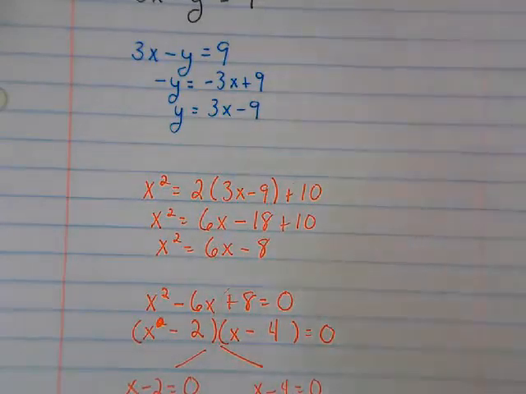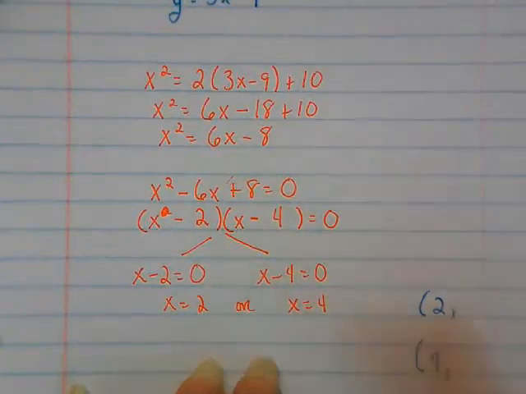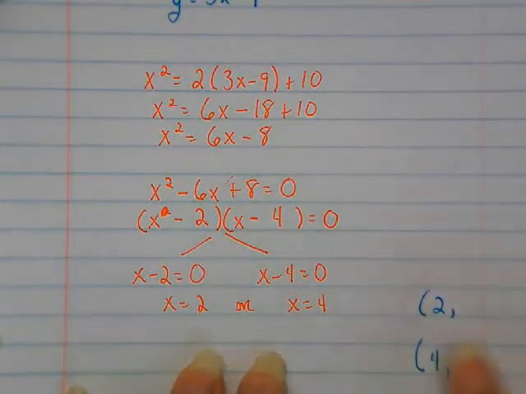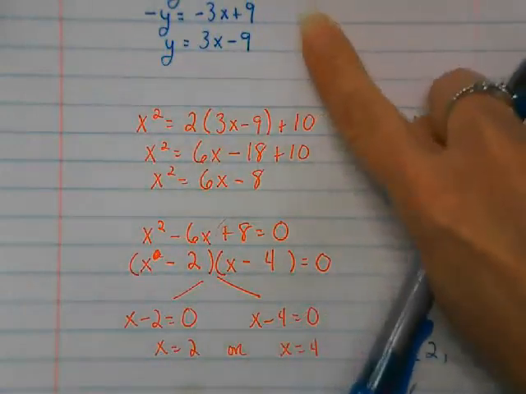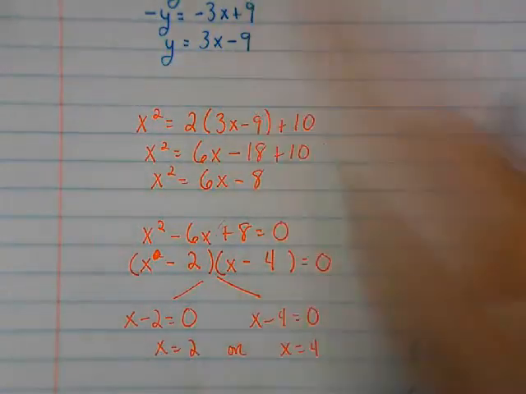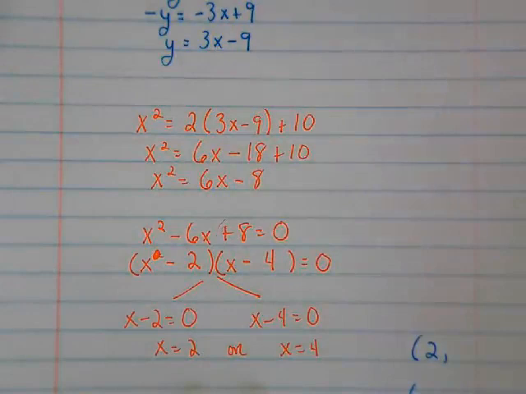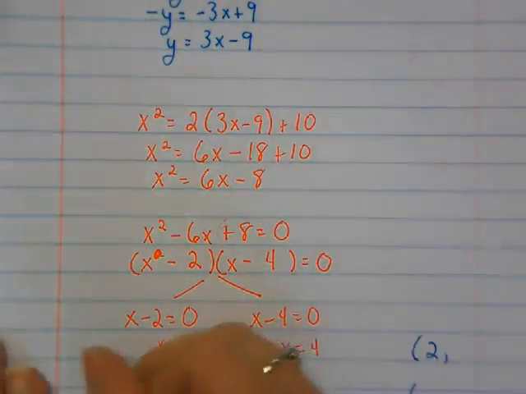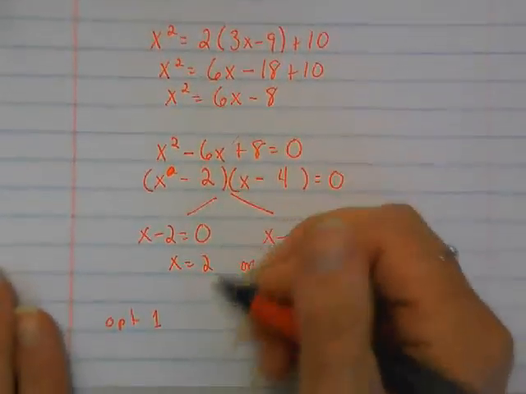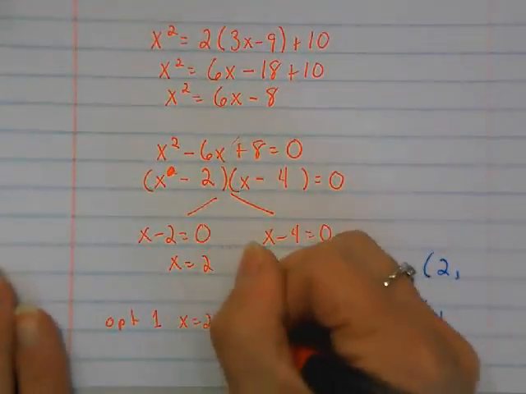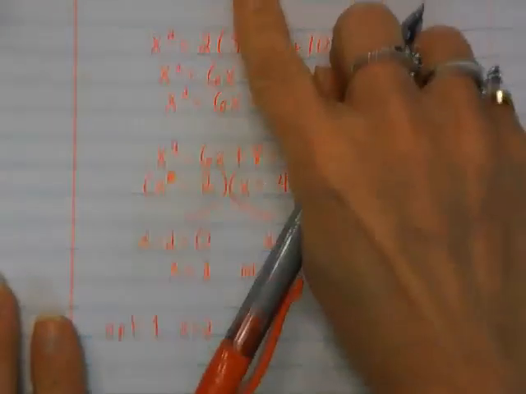So I'm going to go ahead off to the side and say I've got 2 possible points this time. Okay, x could be 2 or x could be 4. What I want to do now is go back up to this equation and substitute in both of those values. Okay, so option 1, when x is 2. So I'm going to go ahead and plug in x is 2.